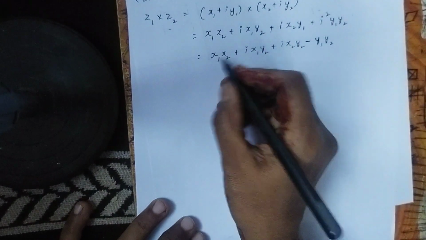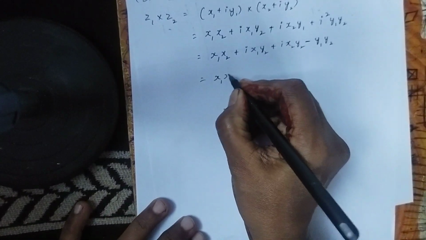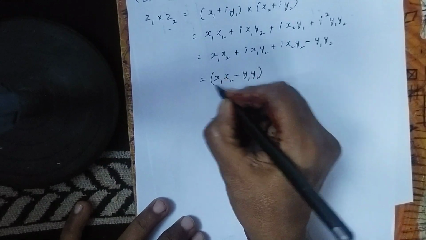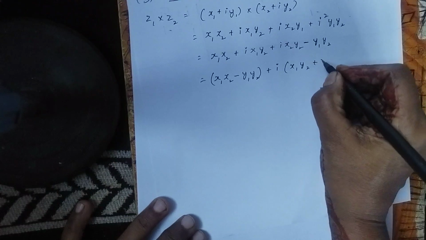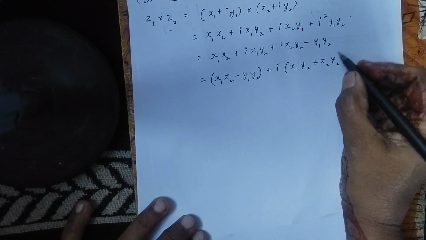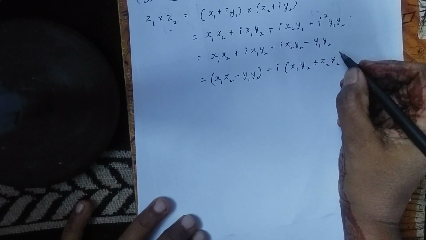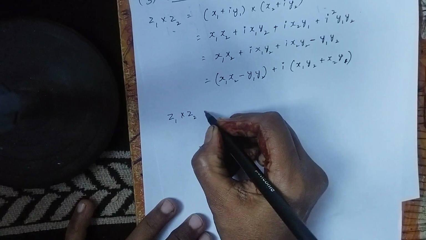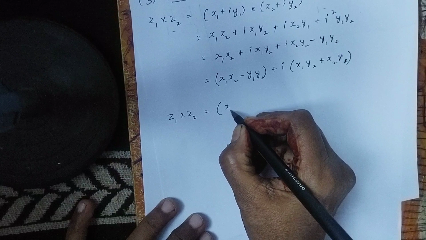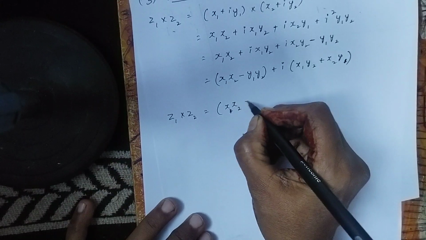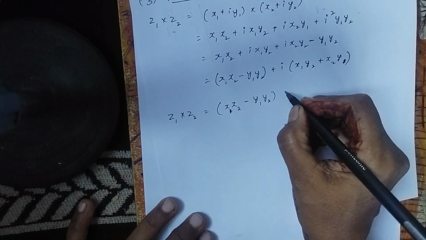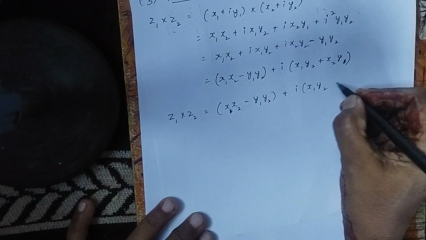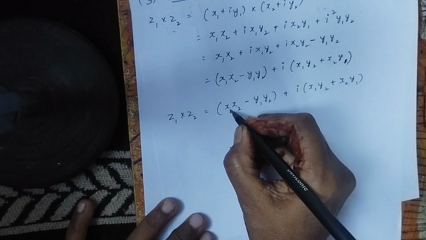Okay, now take the real parts to one side: x1x2 - y1y2, plus i outside, (x1y2 + x2y1). So when you multiply two complex numbers, you should write x1x2 - y1y2 + i(x1y2 + x2y1).